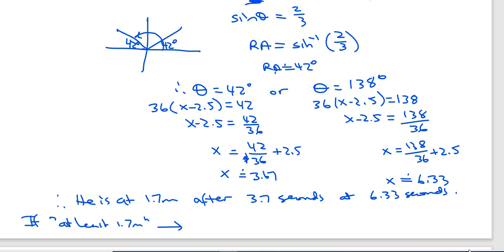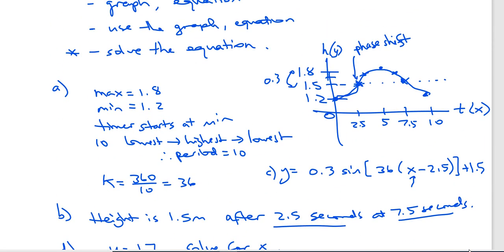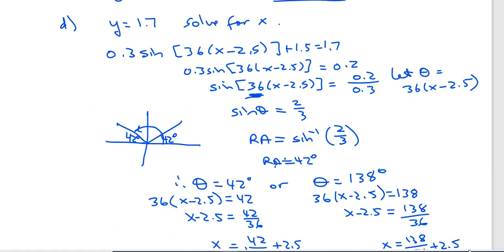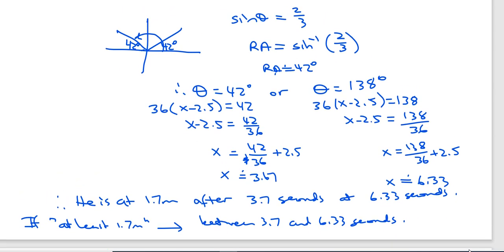Then you would say between 3.7 seconds and 6.33 seconds. So all that time in between, he would be at least 1.7 meters high. Okay, so we can see that here. There's our 3.67 and there's our 6.33, these 2 points right there. Okay, and that's everything. That's how you solve a trig word problem, including having to solve the equation.